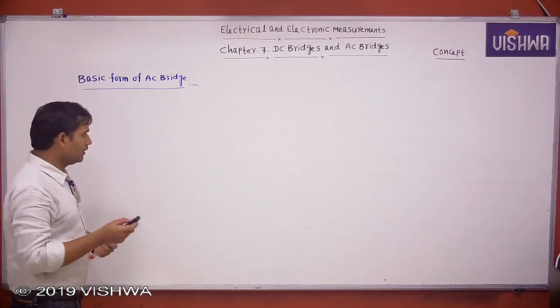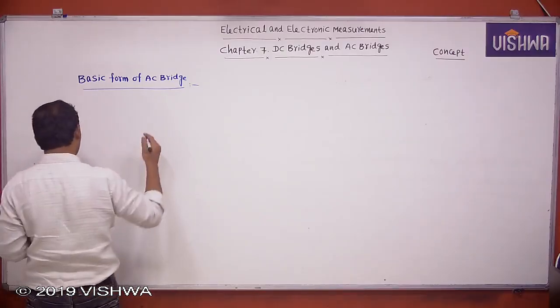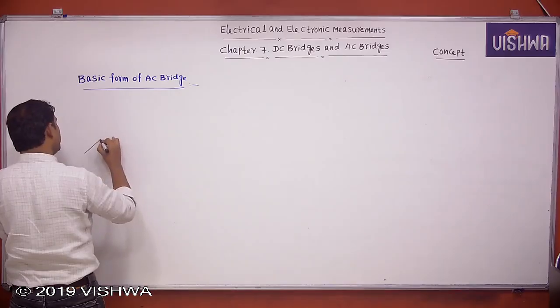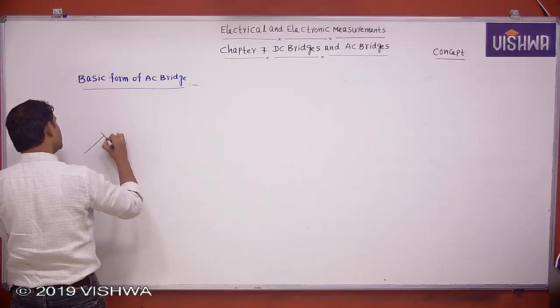This is a general representation of a bridge. You can draw this parallelly, don't wait. It consists of 4 arms.